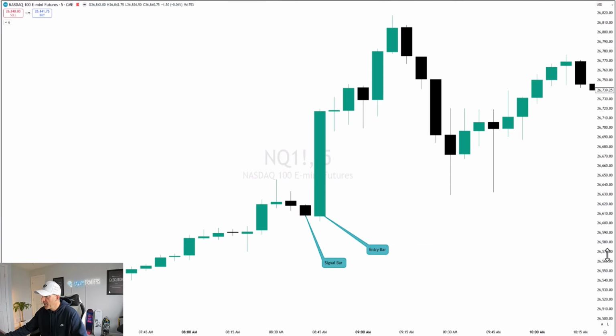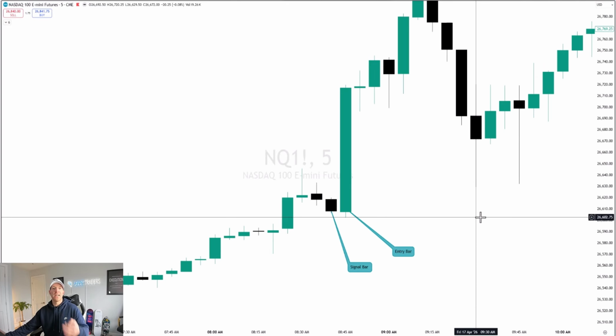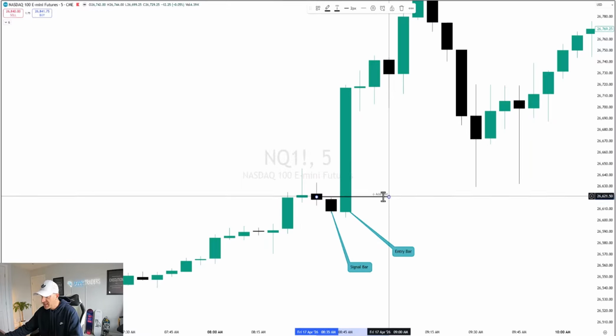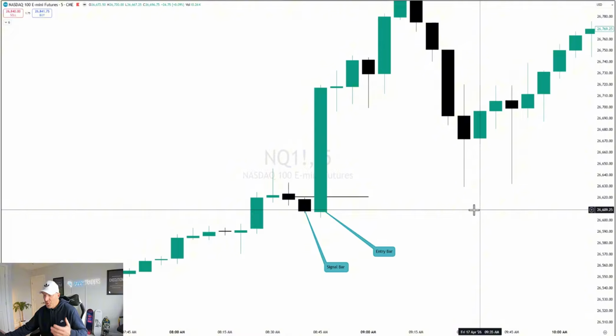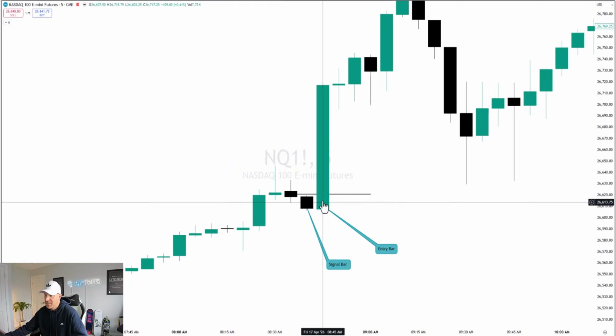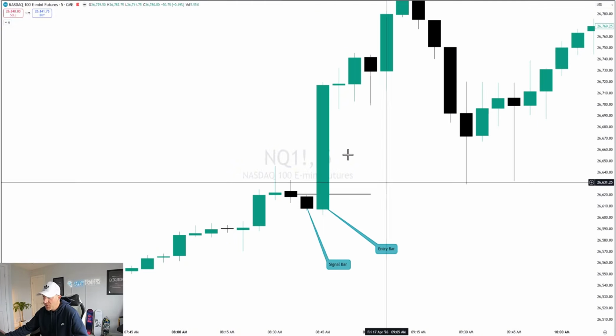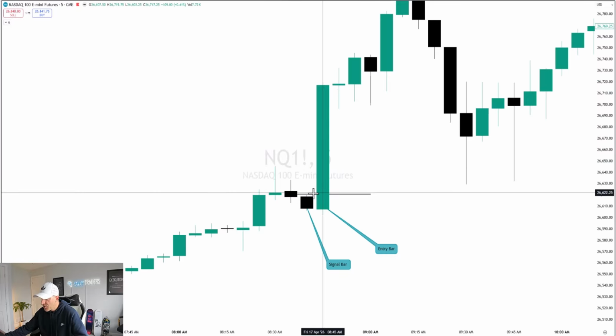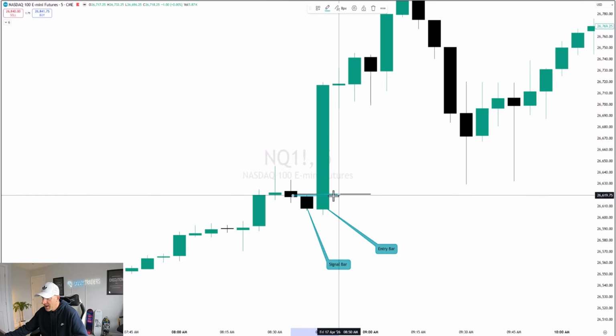Now the signal bar is the candle that signals us that there's a trade coming. Okay, now there's all kinds of signal bars, but what makes it a signal bar is when the entry bar crosses that signal bar high. And I know it's kind of weird saying that, but what makes it the signal bar is the entry bar. And you can see why, right? Like if this big candle right here doesn't cross that high, then we most likely will continue lower.